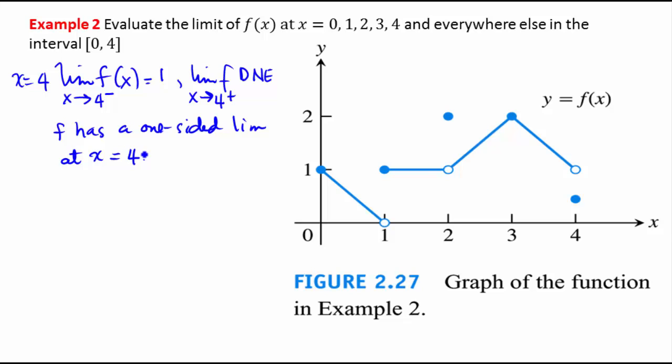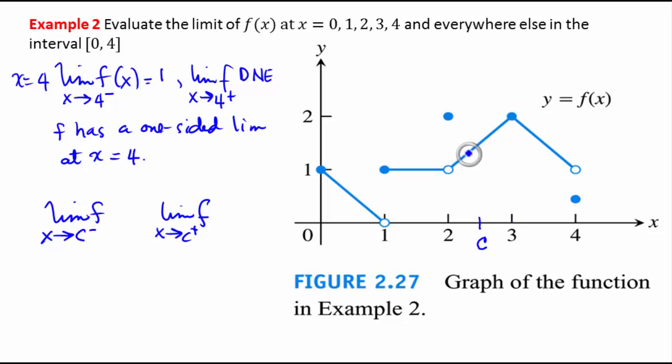Now, what about everywhere else in the interval? Let's take, say, this point c. Okay, does the limit exist? Of course, because if we take the limit of f as x approaches c from the left and the limit of f as x approaches c coming from the right, so here it's approaching c from the left.